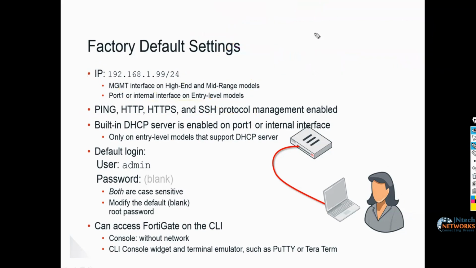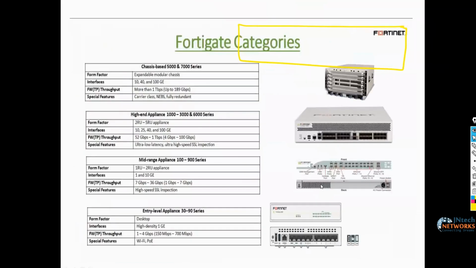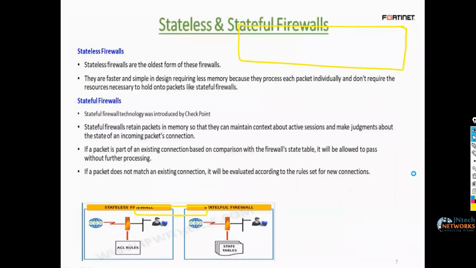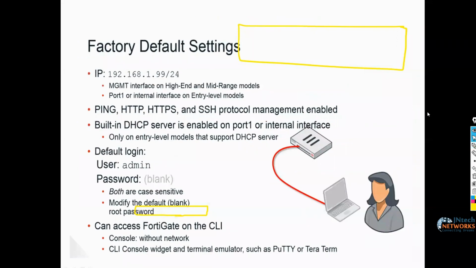In case you have an entry-level firewall, entry-level means the series between Fortinet 30 to 90. On an entry-level firewall box, we have only data interfaces, like port number 1, 2, 3, 4, 5, 6.